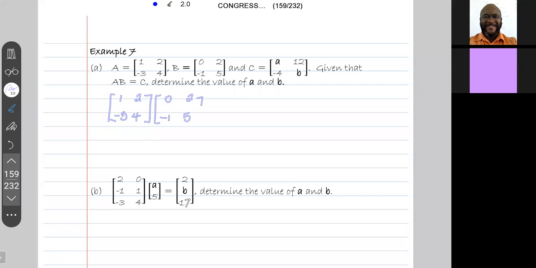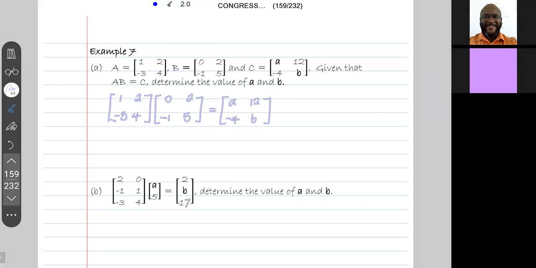We're told that the matrix product AB is equal to the matrix C, which is A, 12, minus 4B. All right, so let's multiply the two matrices.